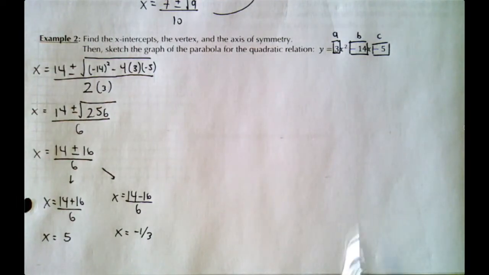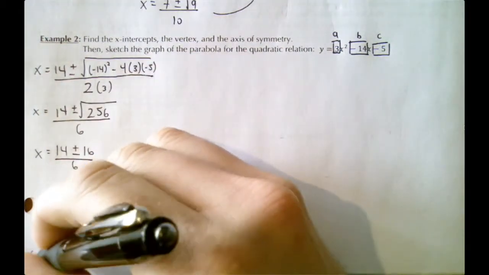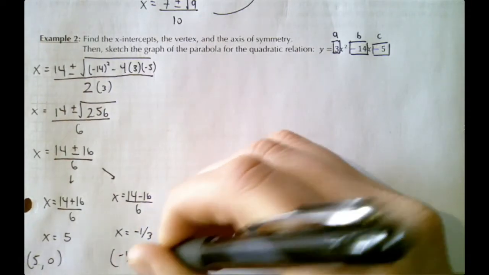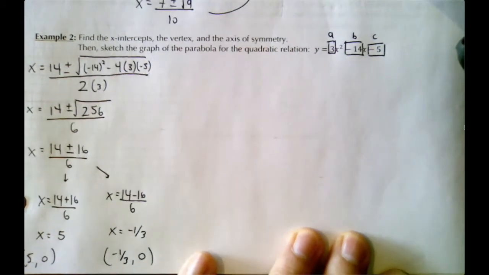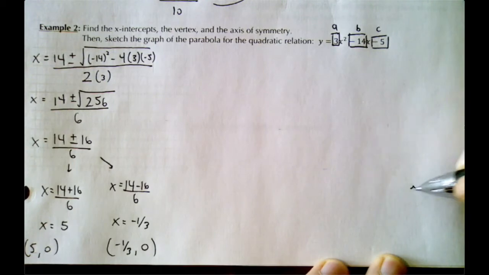Now, since this equation wasn't set equal to 0, these x's aren't roots, but they are x-intercepts. 5, 0, and negative 1/3, 0. So let's start a sketch with what we've got here. I'm going to use the bottom right-hand corner of my paper.